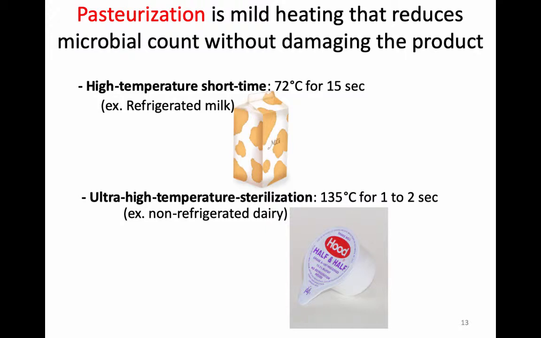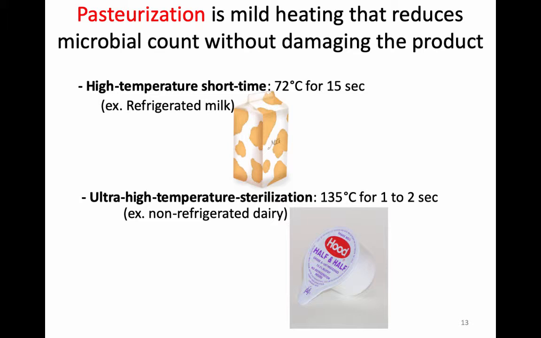Pasteurization is the application of mild heat that will reduce the microbe count, but it will not damage the product. So although heat is bactericidal, if you use heat in pasteurization, you do not heat until all microbes are killed, so some remain. And there are different ways of doing pasteurization. It's pretty much exclusively used in food so that you don't change the taste of the food.